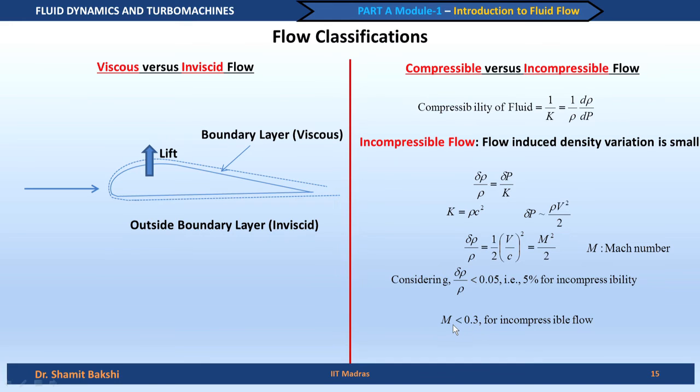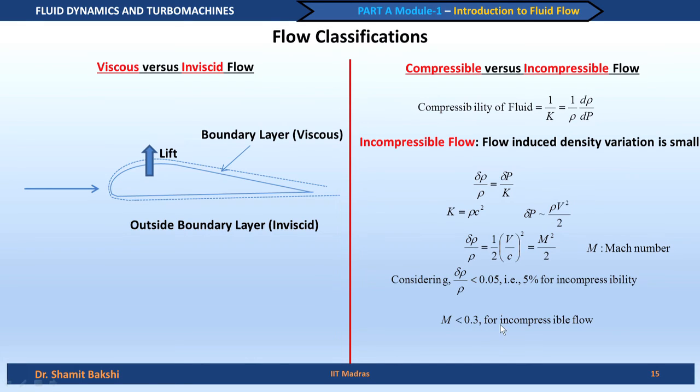The reason for this 0.3 value is that it is a well accepted value for 5% relative change of density, accepted by fluid dynamicists.